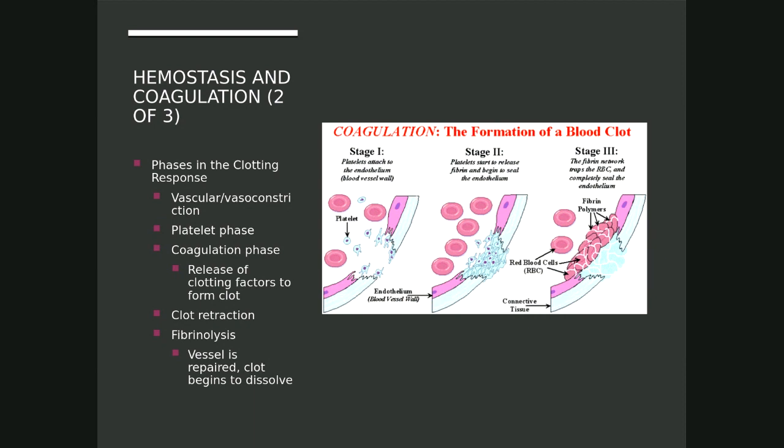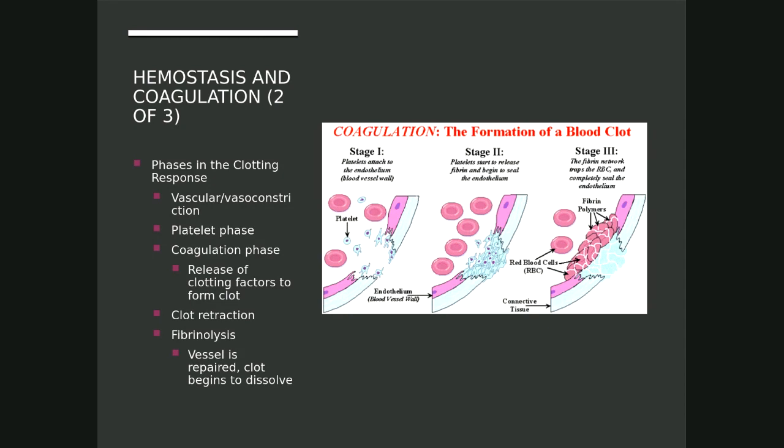This can be represented on page 244 in your textbook. So this is the introduction of platelet factors, calcium, clotting factors, and platelet thromboplastin. These factors will clump together over the red blood cells and platelets to try to, again, create a patch over the cut. Then there's clot retraction.